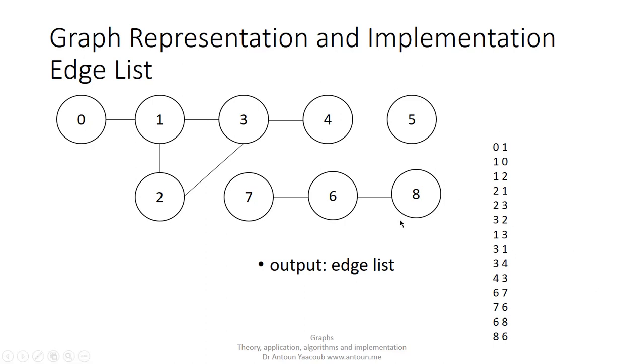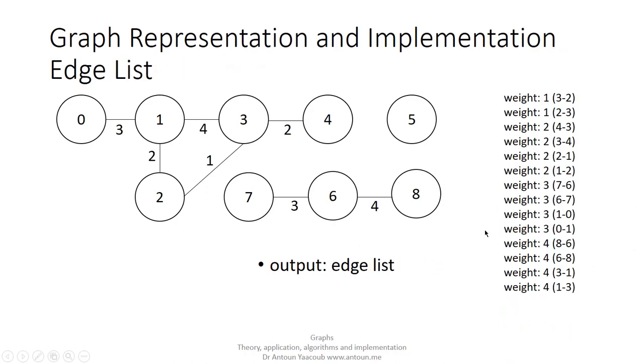This is an example of the edge list, not the output. If I were using a weighted edge list, it would be like this, with the weight 1 for 3 2. I will order the weights, and this is done using a priority queue if, for example, I need to do that. So let's start first by doing the edge list one.